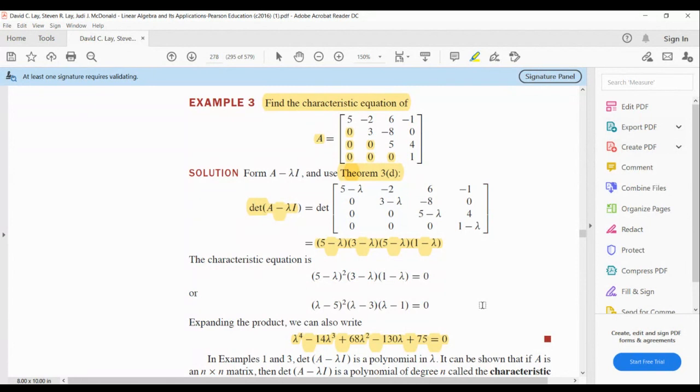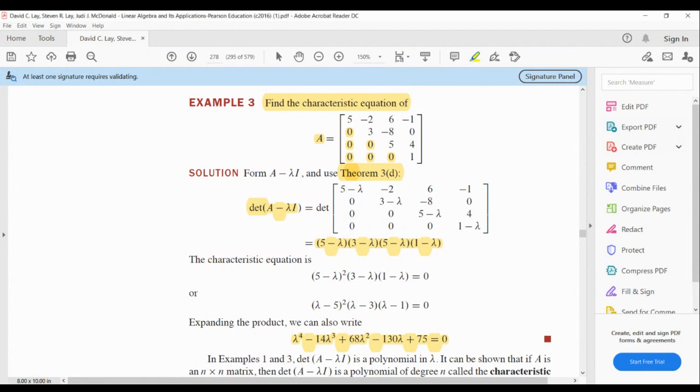And the eigenvalues, by the way, what are the eigenvalues going to be for this example 3? Good, Solomon. 5, 3, 5, and 1. And we say that because it's in factored form here, like they have it in factored form.